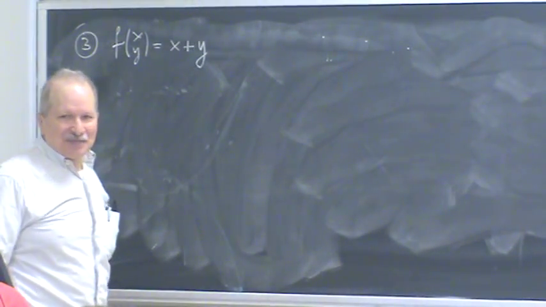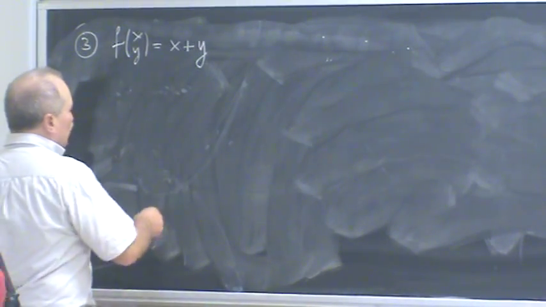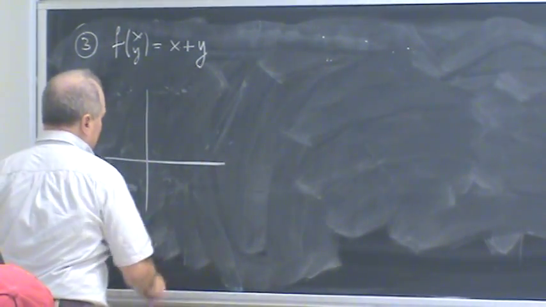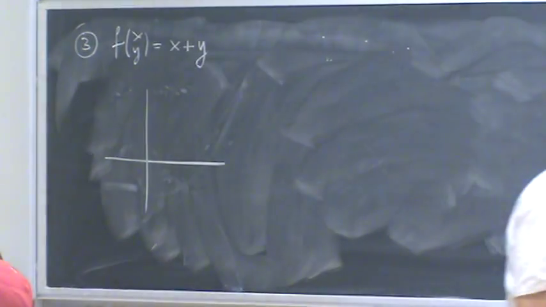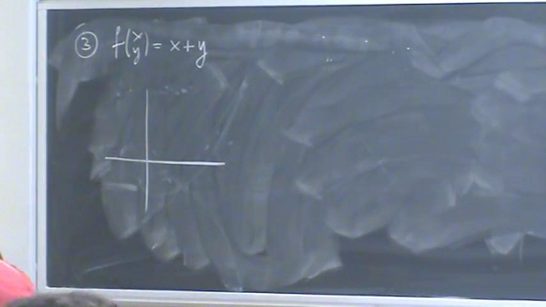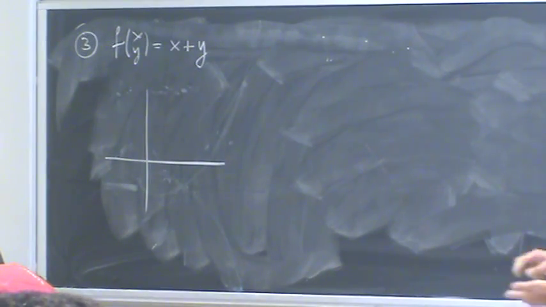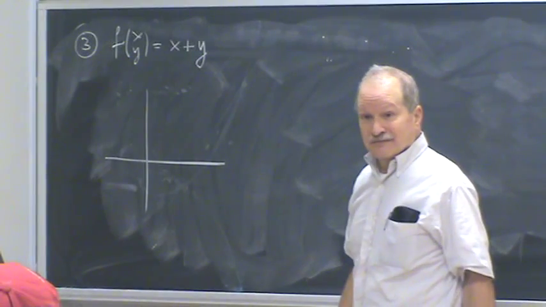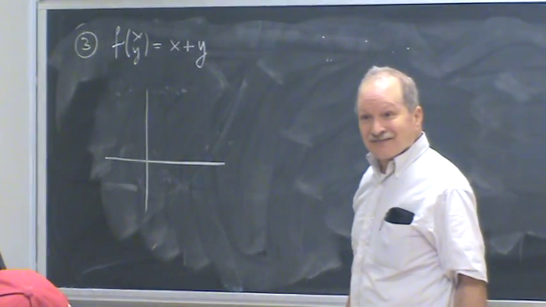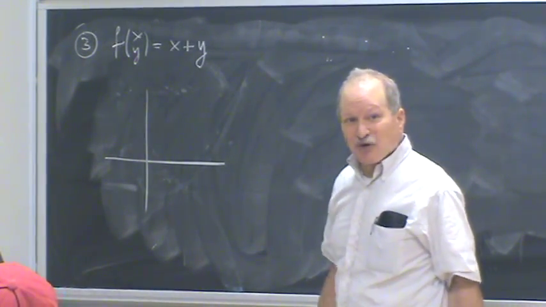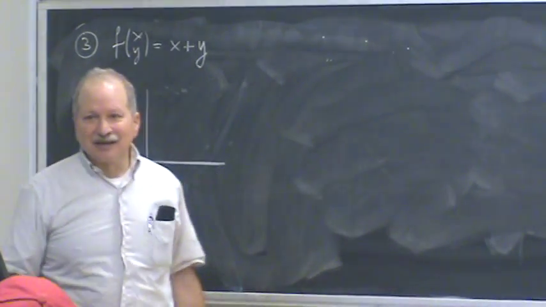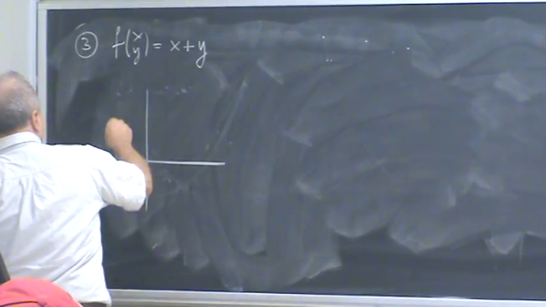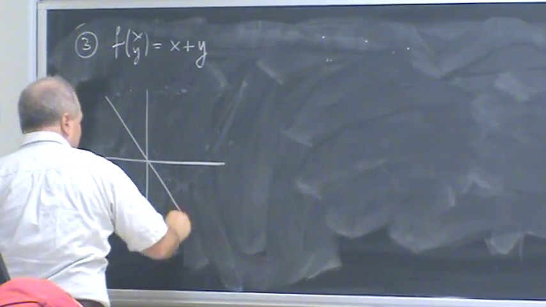It is easy, but what are the level curves going to look like for this? What about 0? It's going to be a line, x plus y equals 0.